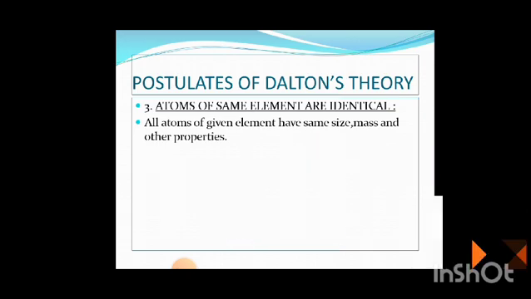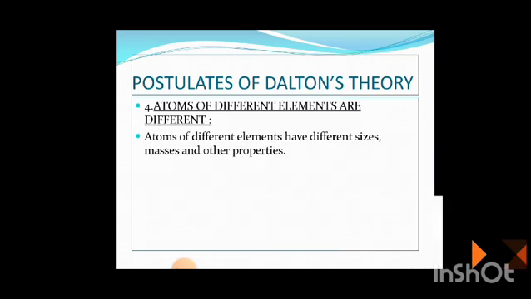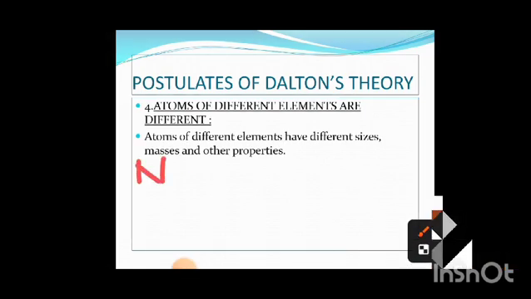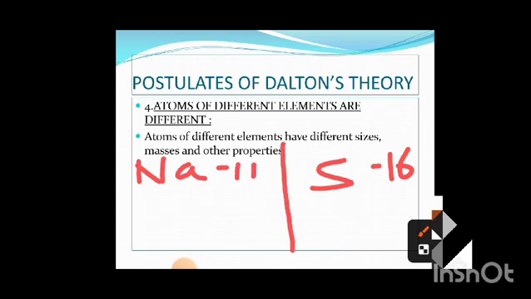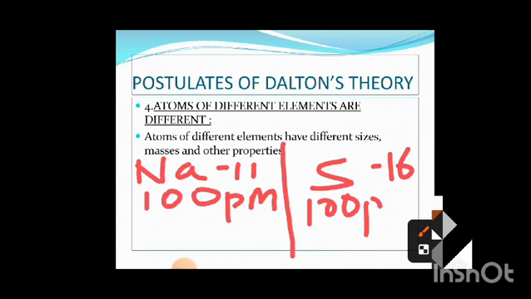Okay, now moving ahead with the next postulate, atoms of different elements are different. So if I compare sodium with sulfur, the sulfur atomic number is 16, sodium atomic number is 11, and sodium size is 166 picometer and sulfur is 100 picometer.